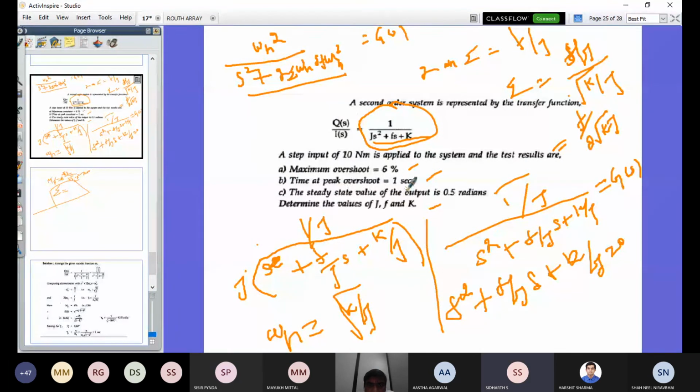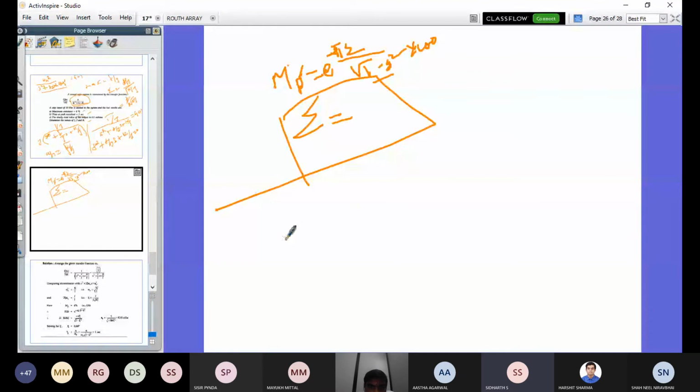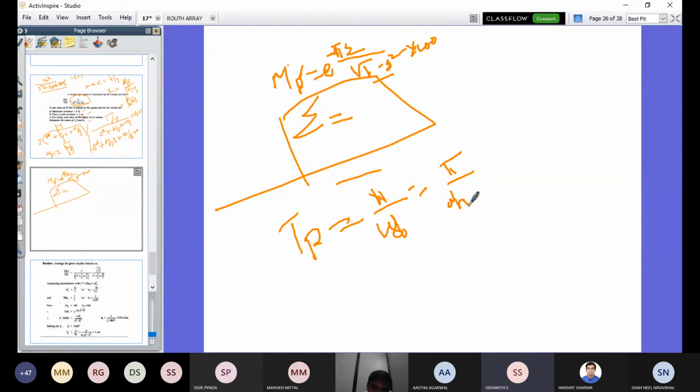Time at which peak overshoot occurs is 1 second. So what do we have to do? Tp is equal to pi by omega d, equal to 1, and we substitute the zeta value. Pi divided by omega d, where omega d is omega n into root of 1 minus zeta square.